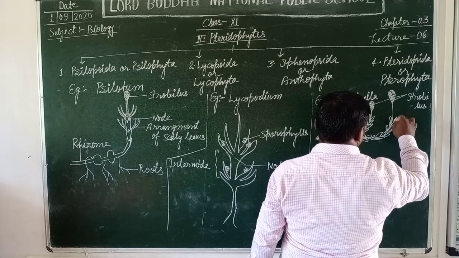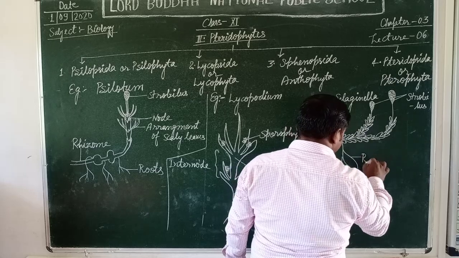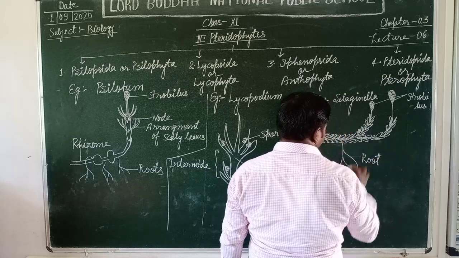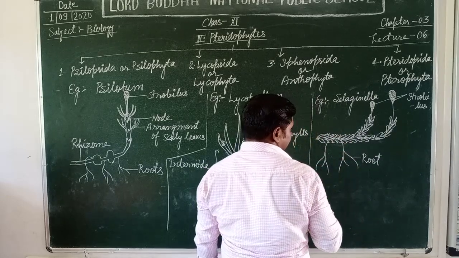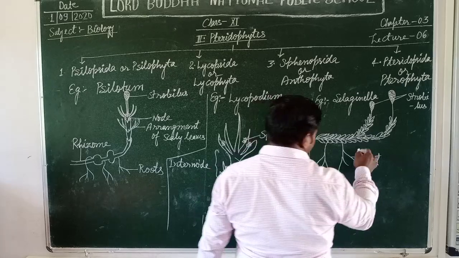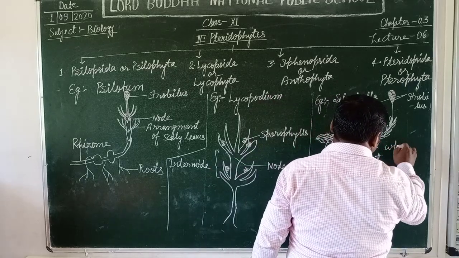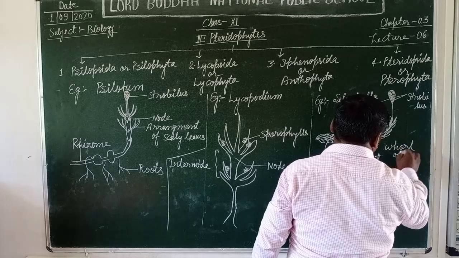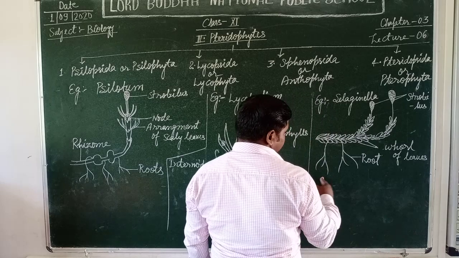And its roots are also present on various regions of the stems because they are terrestrial and climber-like plants. These are the rows of the leaves. And this is the root.